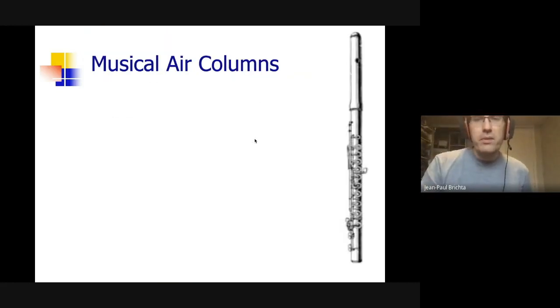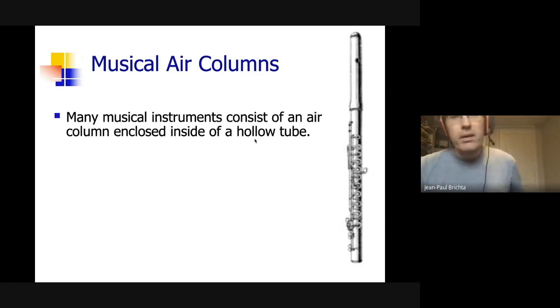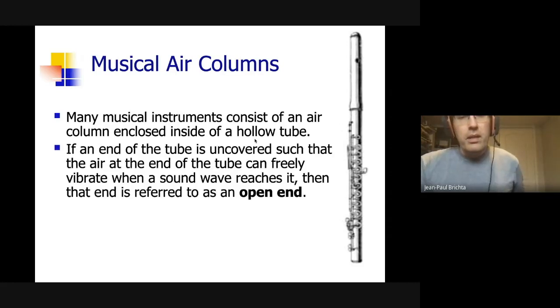For those of you who are musicians or maybe listen to music, there are lots of musical instruments that correspond to these air columns. There's such a variety of musical instruments and such a variety of shapes, but a lot of them can be simplified down to air columns.